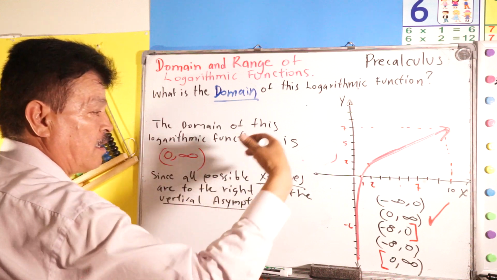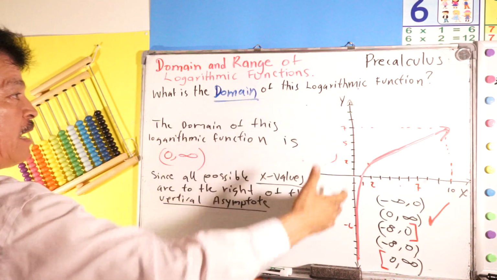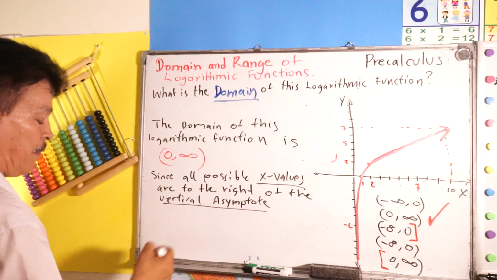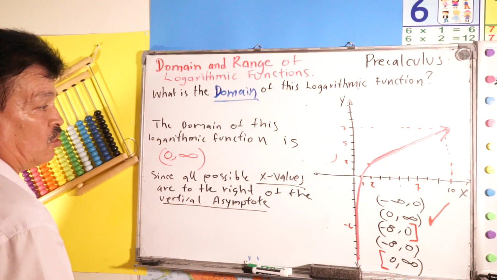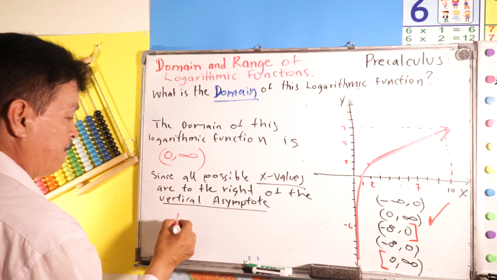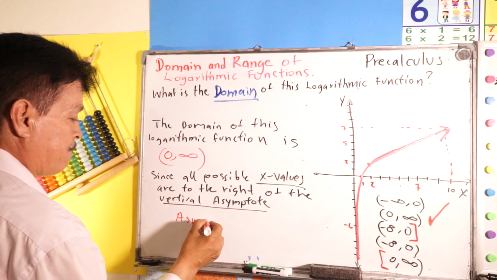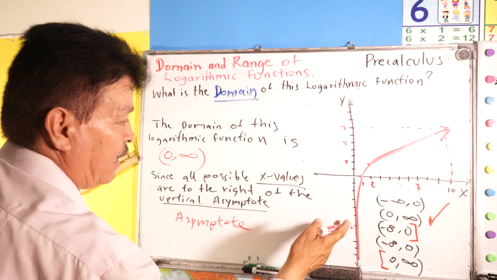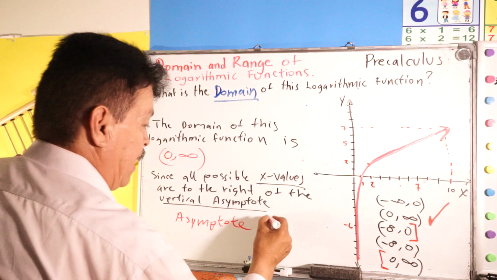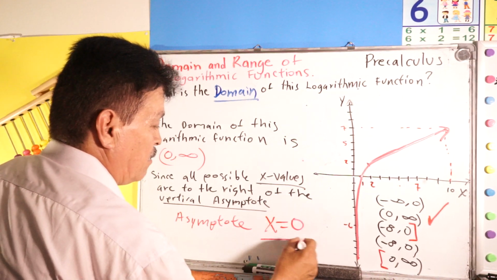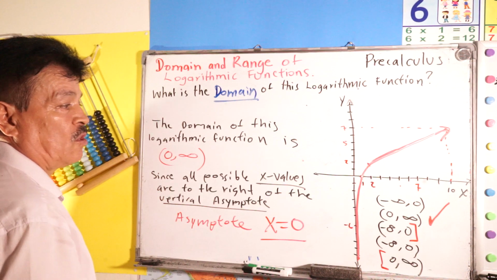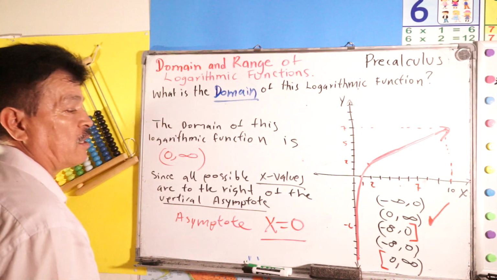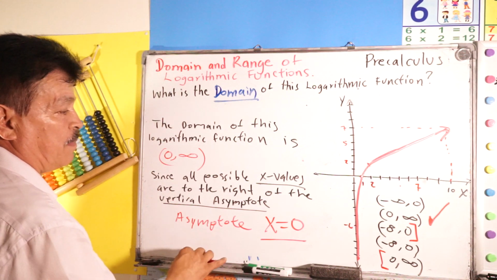What is the vertical asymptote? So in this case, our asymptote is what in our case? x equals 0. See, right here. So that's why this is the domain, the right answer to our problem.